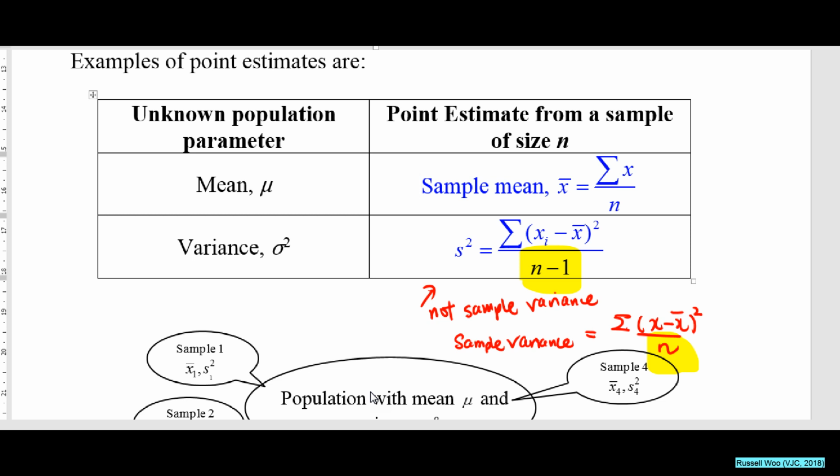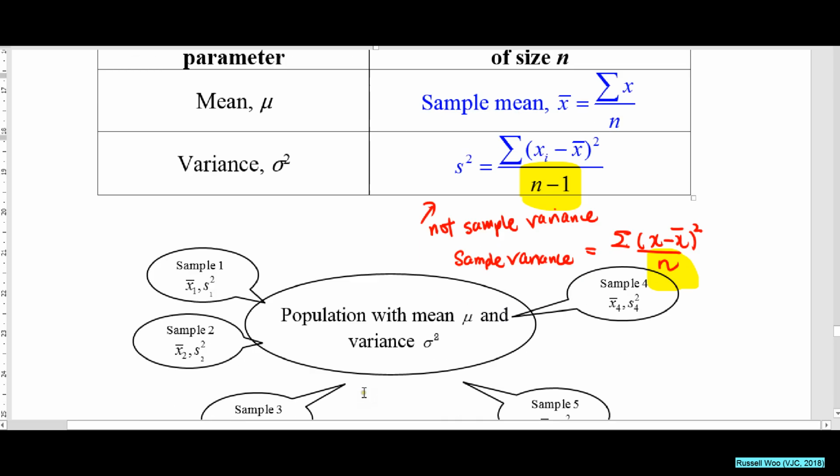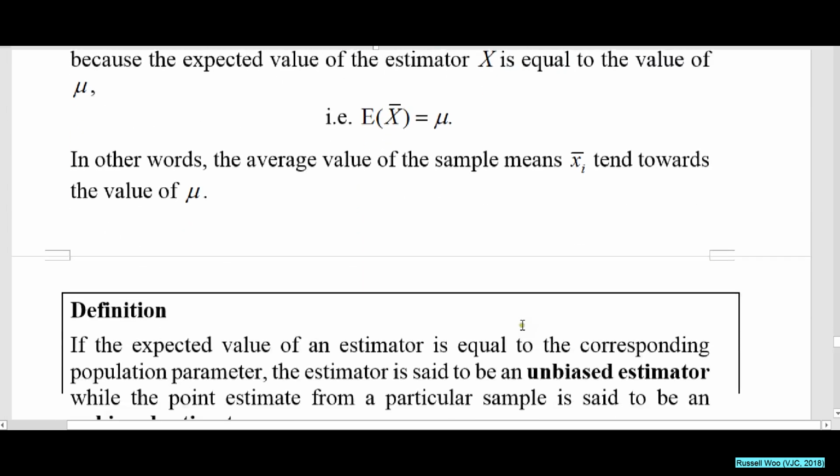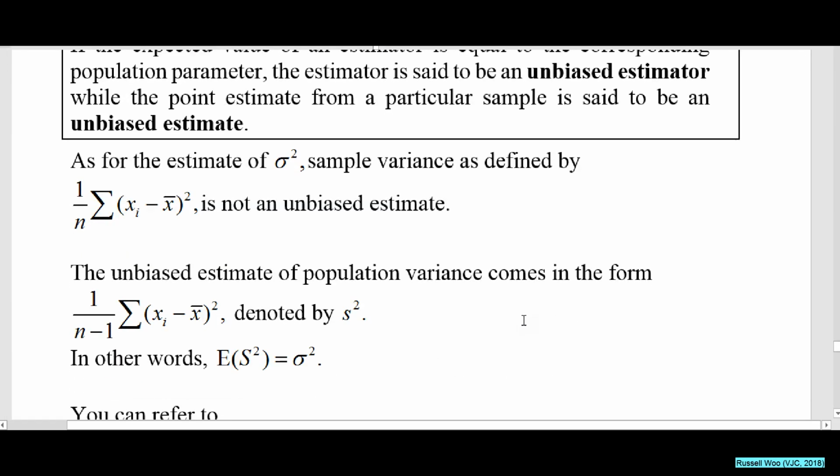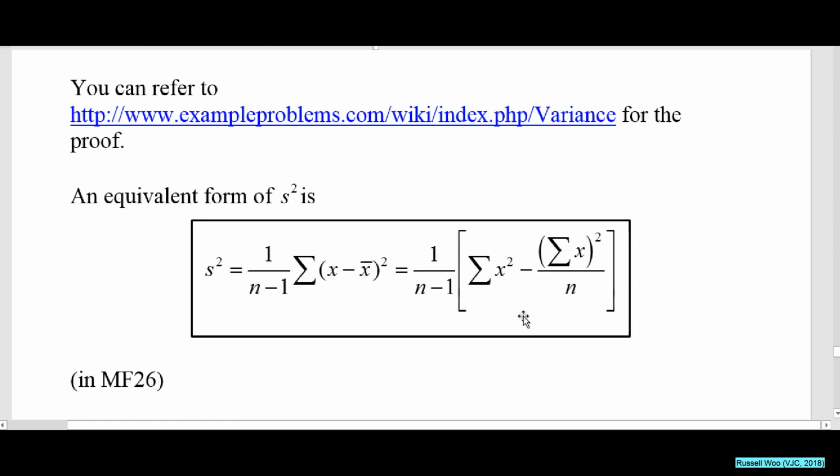Okay, let's use some numbers for us to work with. Before that, whenever we see S square, this is given in MF26. But just take note, when you read MF26, read the formula list.